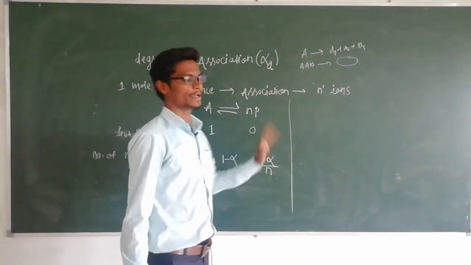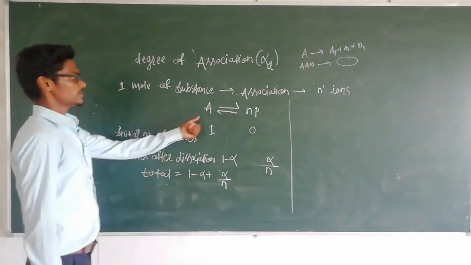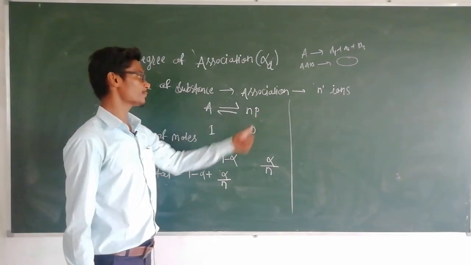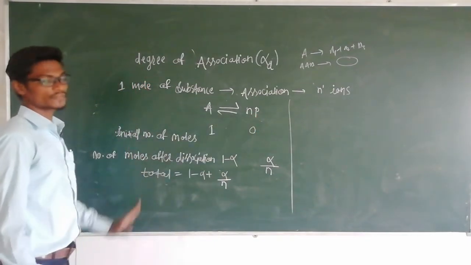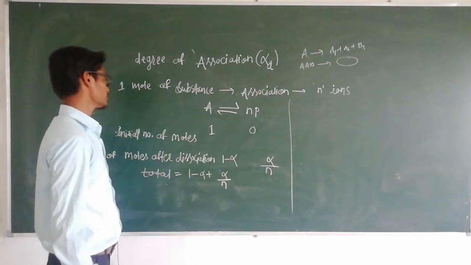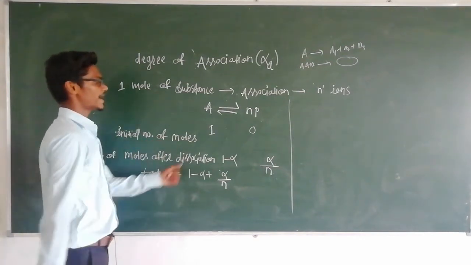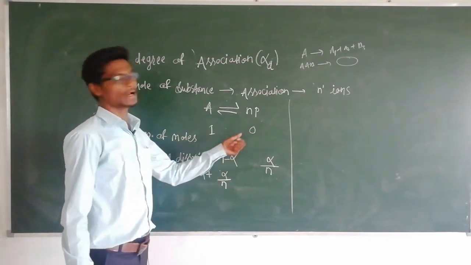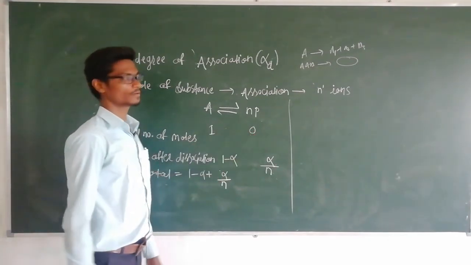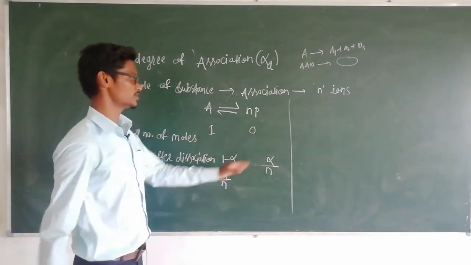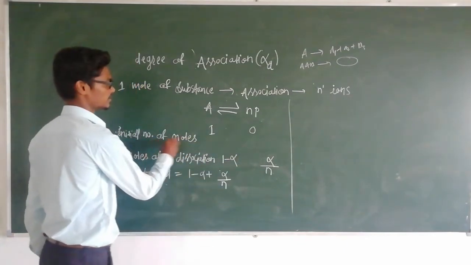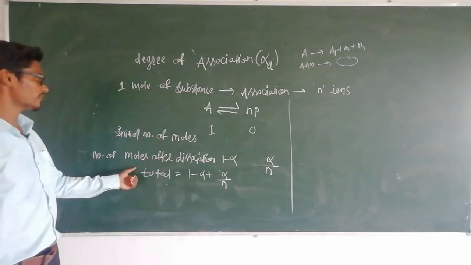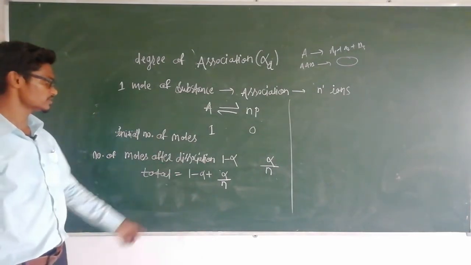So A is the substance and n is the number of ions in the product. In the initial case, the number of moles is 1, and for the product we have 0.